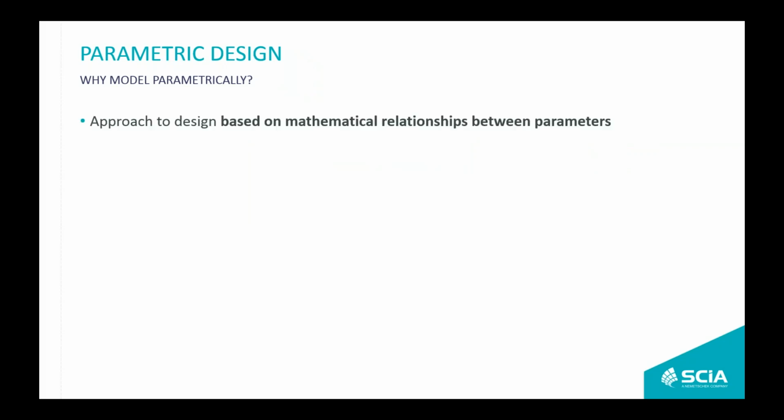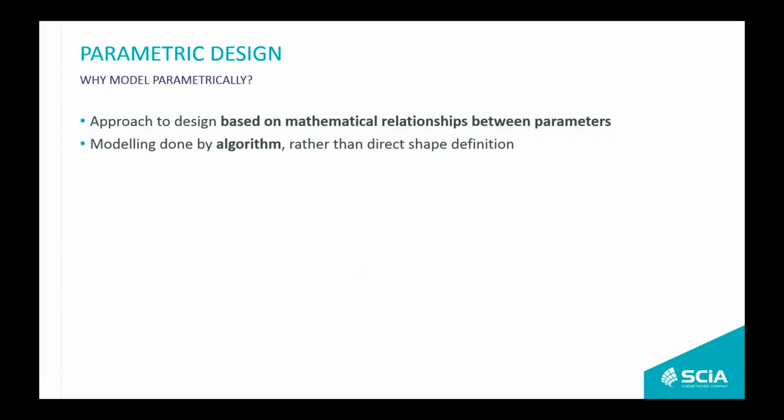So let's dive straight ahead. What is parametric design and why do it? Parametric design, as we speak about it, is an approach based on some mathematical relationship between a number of, or usually quite a big number of, parameters. It's the modeling itself.